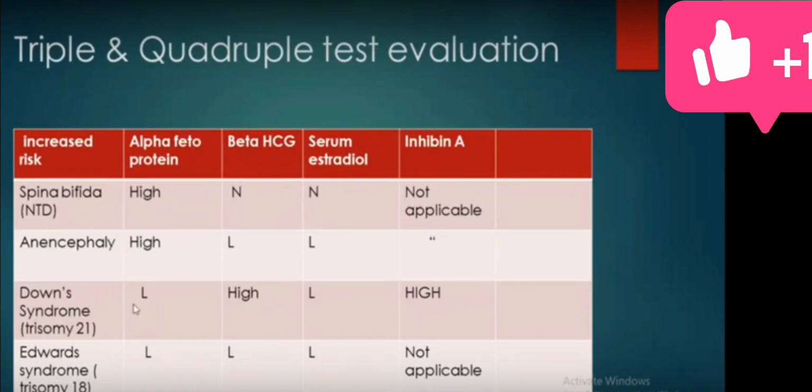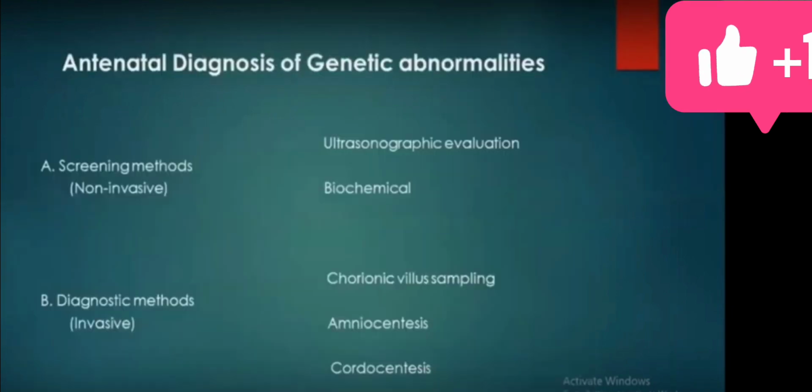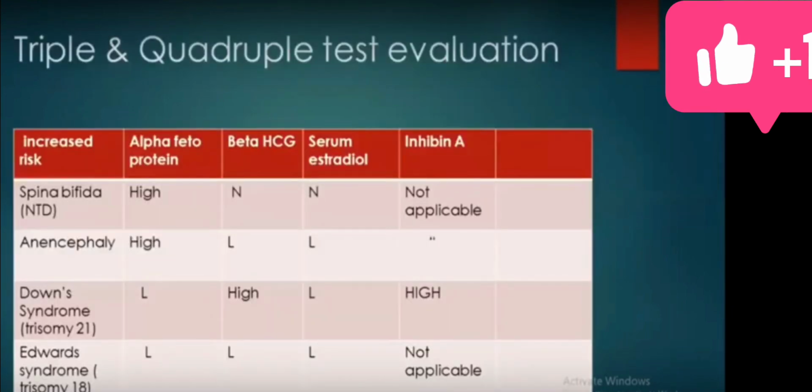In Down syndrome, the alpha fetoprotein and serum estradiol will be normal, but serum beta HCG and inhibin A are high. Trisomy 21 means there is some abnormality in chromosome number 21. Trisomy 18 means there is some abnormality in chromosome number 18.